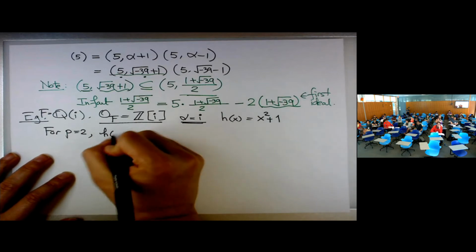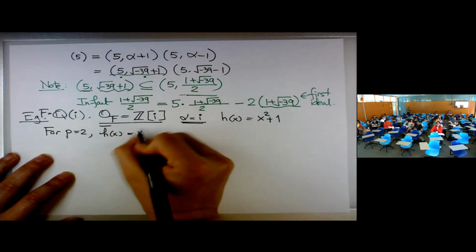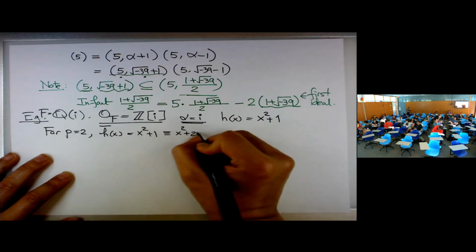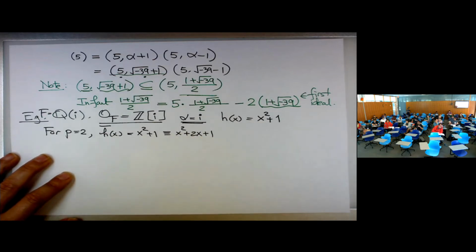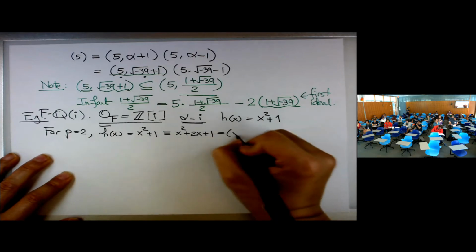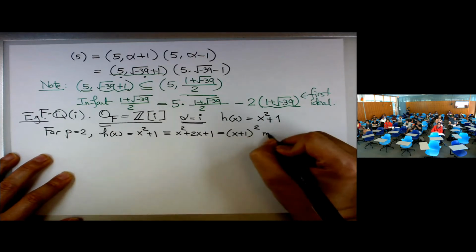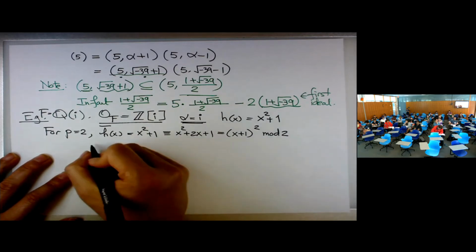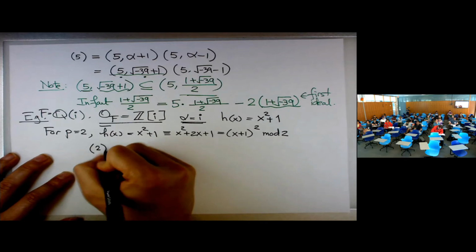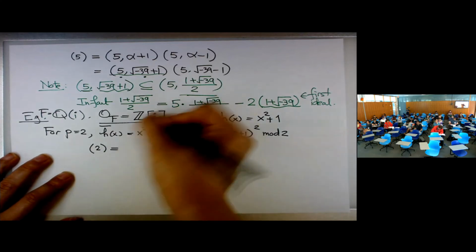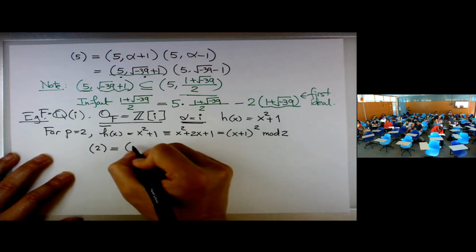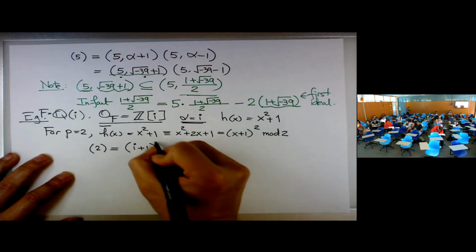I have my h(x) bar, which is x squared plus 1, but this is congruent to x squared plus 2x plus 1, and this is x plus 1 squared, mod 2. And what this tells me in terms of factorization is that the ideal 2 in this ring of Gaussian integers is just (i plus 1) squared.